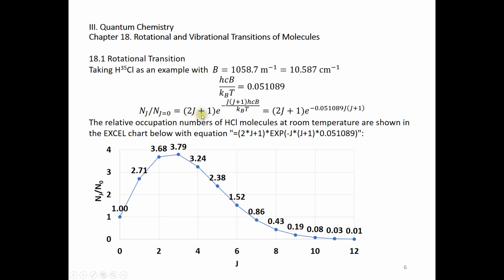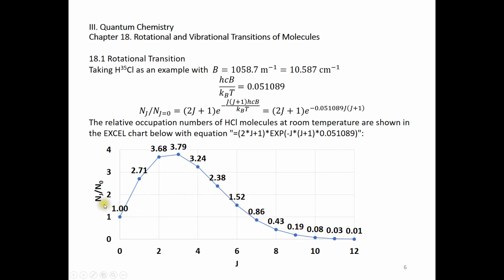And this is equal to 2J plus 1 times e to the power of negative rotational energy over k_B T. So we have this expression. Once we have this expression, it's very convenient to use Excel to plug in the values of J from 0 to 1, 2, 3, 4, 5, 6, 7, 8, 9, 10, 11, 12.